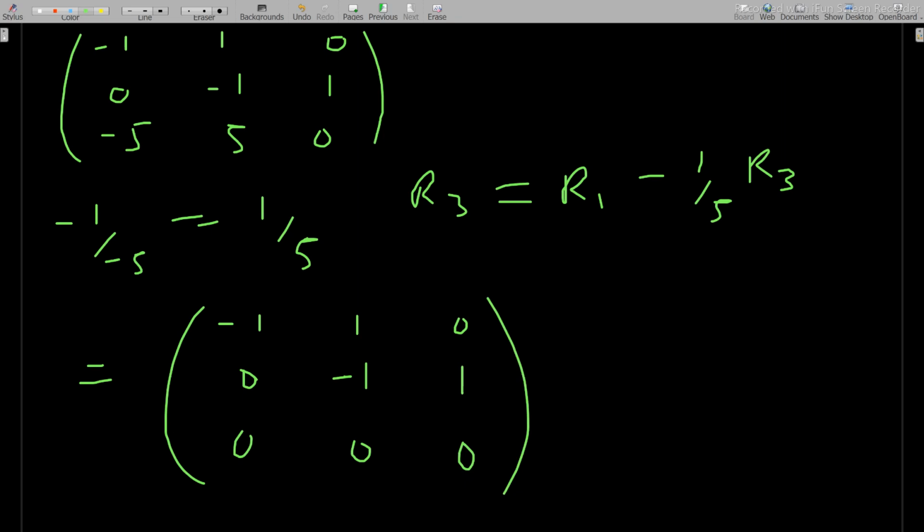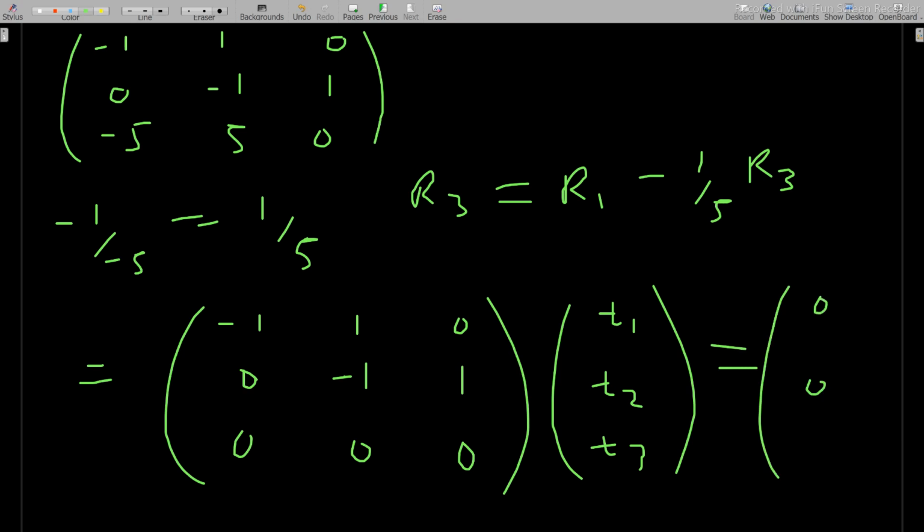Now since we have this, we just multiply by v3, and let's call v3 to be t1 t2 t3, and we say this should be equal to 0 0 0. Actually, in fact, this matrix is A minus lambda I, and multiplied by v3 it should be equal to 0.